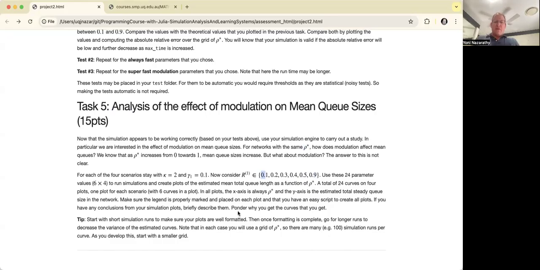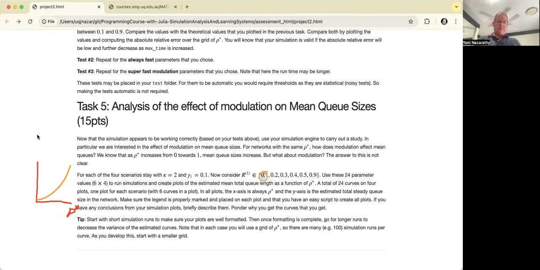The way you do this with the set scenario function is that rho star is still going to be fixed. So here on the axis, this is going to be rho star, and you might have a curve like this for 0.1.